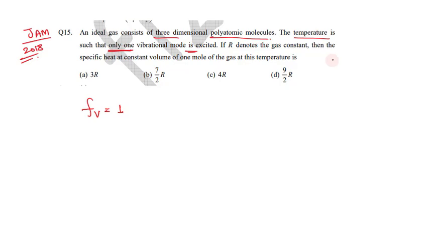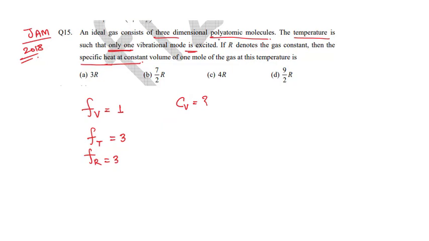If R is the gas constant, then what is the specific heat at constant volume of 1 mole of the gas at this temperature? So you have to find CV. If no information about the molecule or the temperature is given, then generally we take 3 translational degrees of freedom and 3 rotational degrees of freedom, because it is a polyatomic molecule.